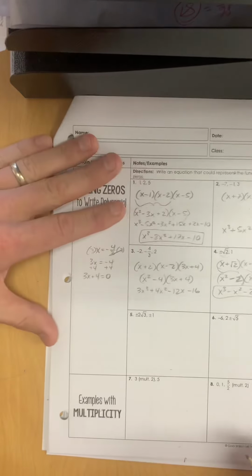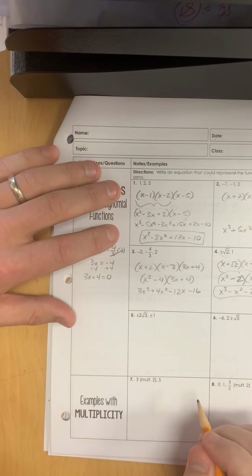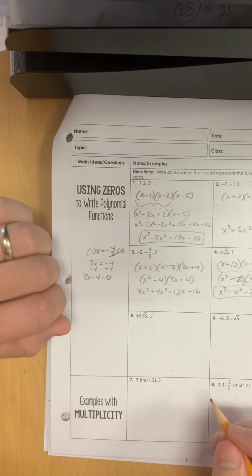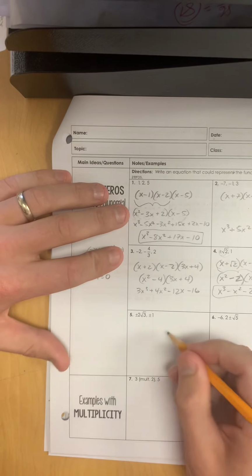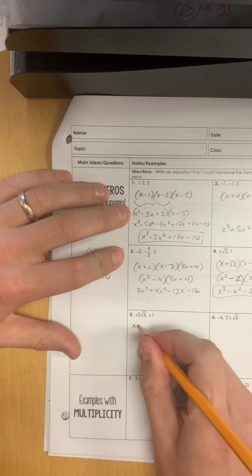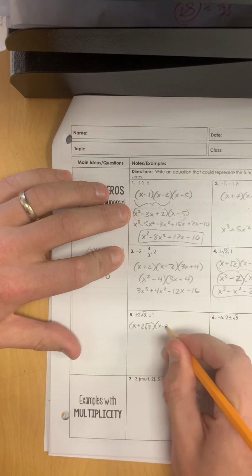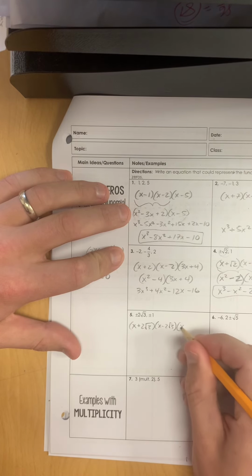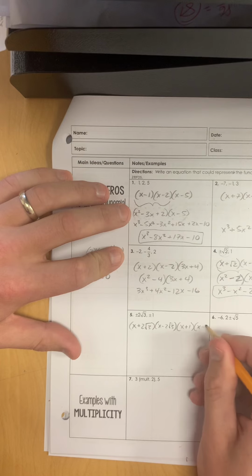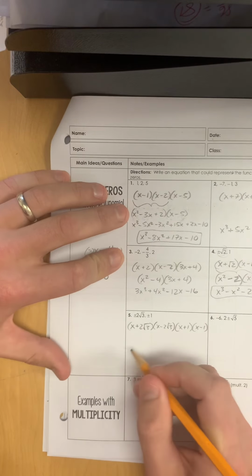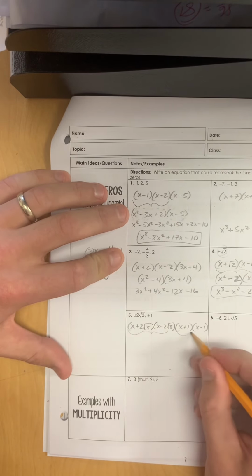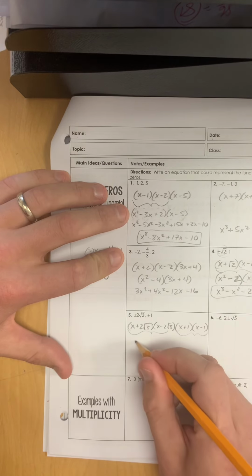Okay, so go ahead and let's have you guys try number 5 out. And you can pause the video, and then I'll go ahead and show you what this should look like. I would multiply these two and those two when I'm doing this.